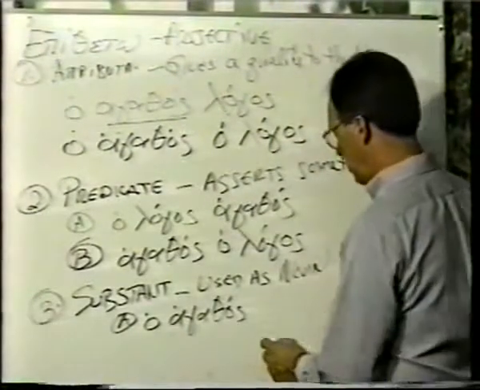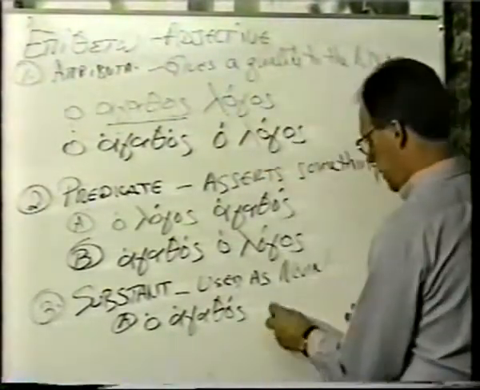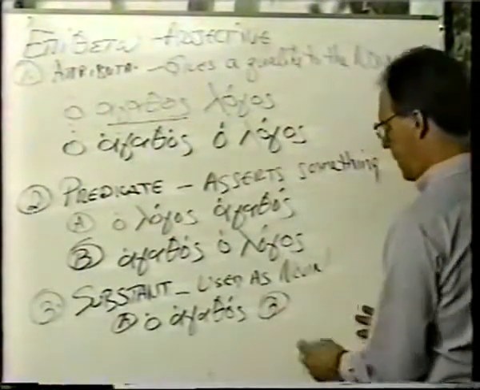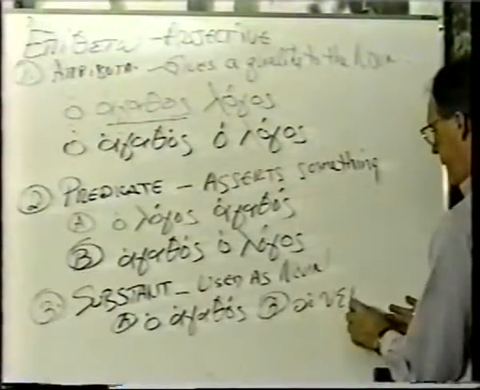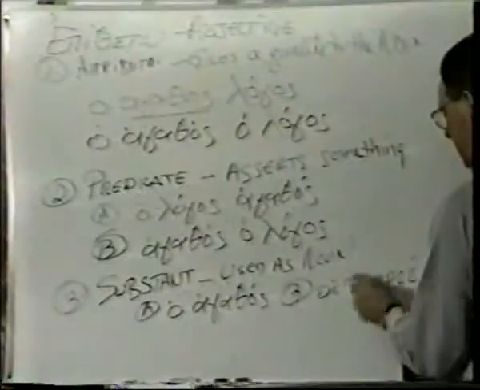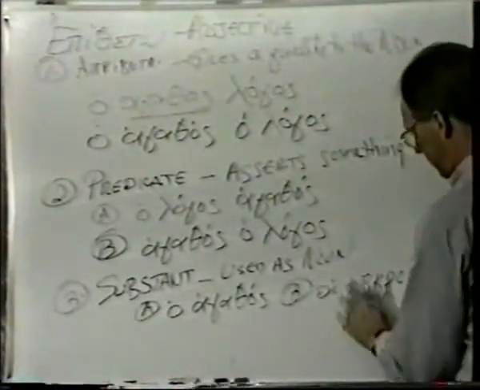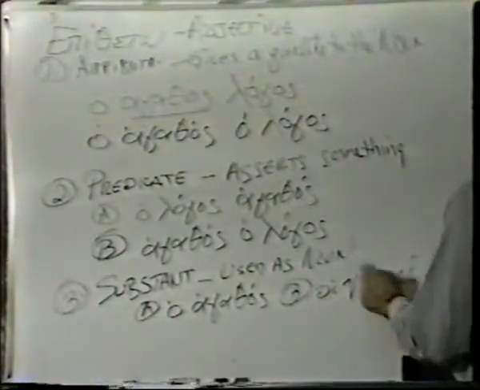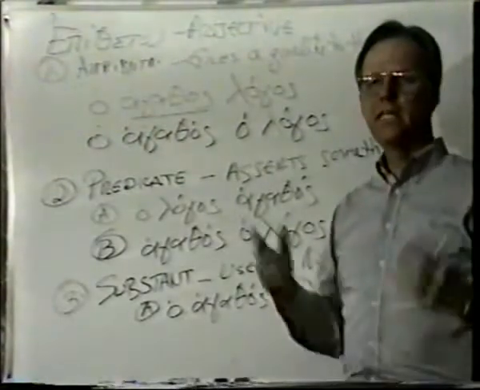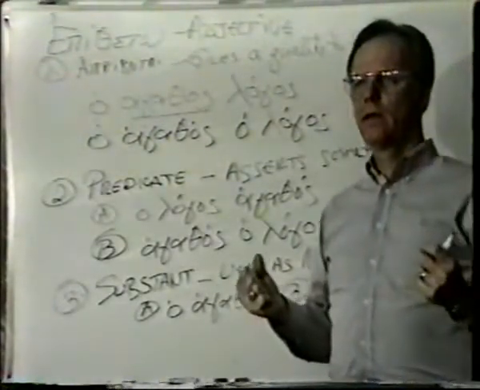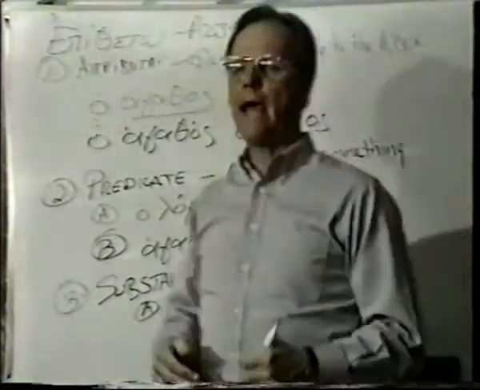Let's use another illustration. B. We can say, e nekri. Let me make this a little clearer for you. E nekri. The dead. The dead. If we're talking about the dead, we don't have to name them.